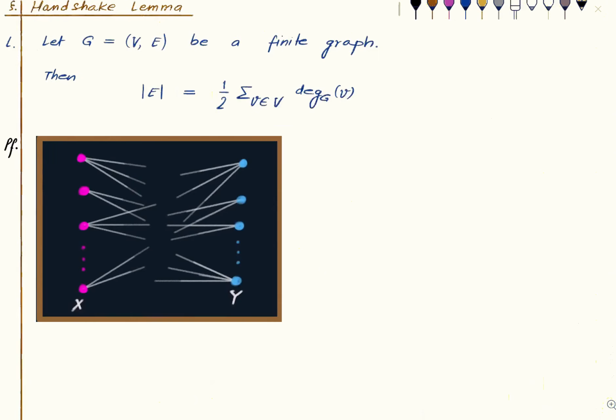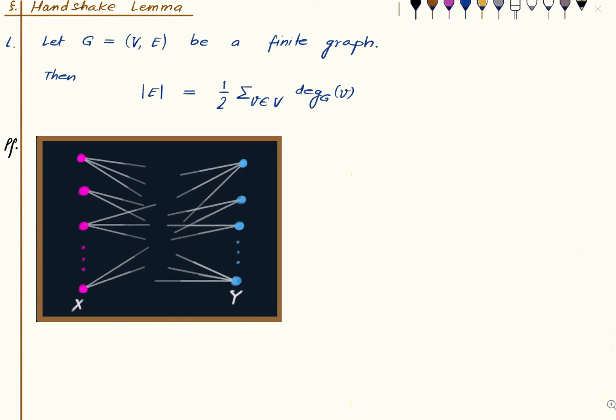Handshake lemma. So suppose we have a finite graph G, vertex set is V, edge set is E. Then the handshake lemma says that the total number of edges in the graph G is given by this formula. And this solves our puzzle that we introduced. In fact, this is precisely the puzzle that we introduced.